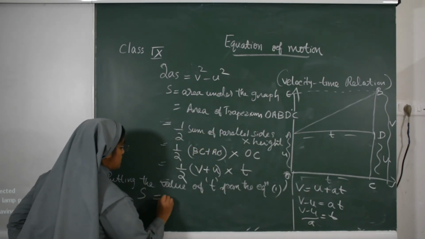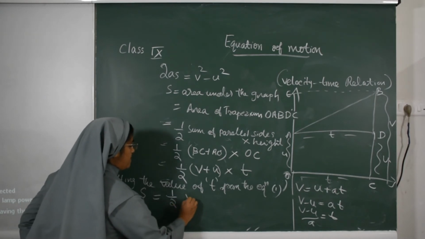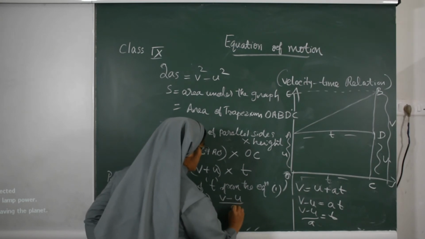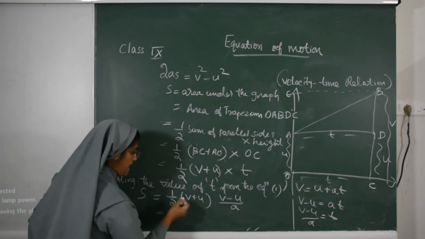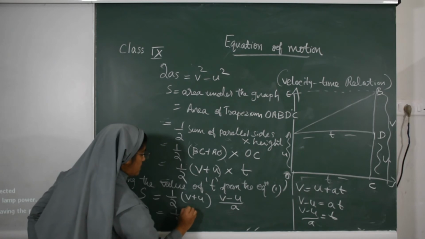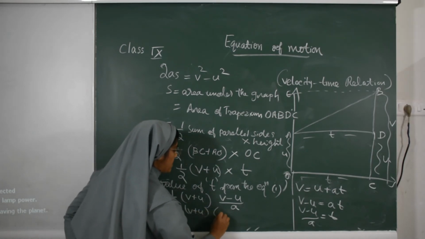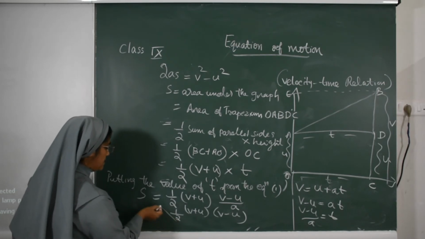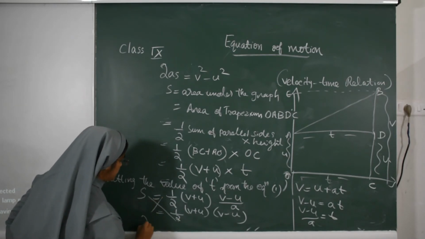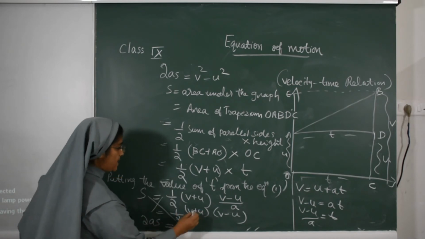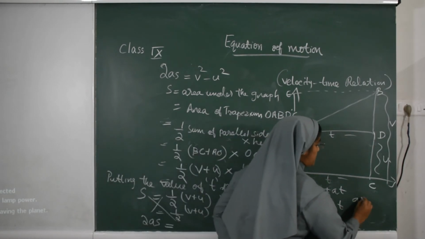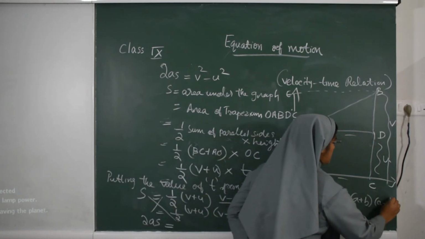So S is equal to half into V plus U into V minus U upon A. Bring A to this side: 1 by 2 into V plus U into V minus U. Then we can cross multiply, so 2AS is equal to V plus U into V minus U. You already studied that A plus B into A minus B is equal to A square minus B square.